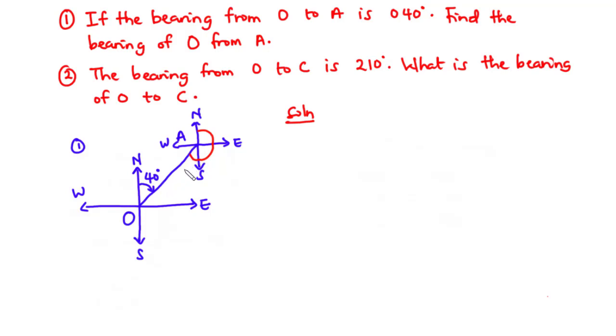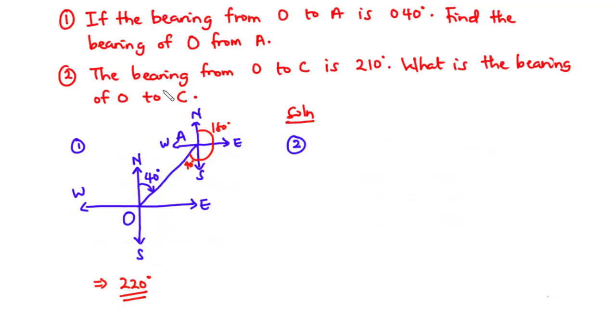Now to find this angle, these are alternating angles. So if this angle is 40 degrees, then this angle is also 40 degrees. Therefore, the bearing of O from A is 180 plus 40, which is 220 degrees. So we have our answer to be 220 degrees.